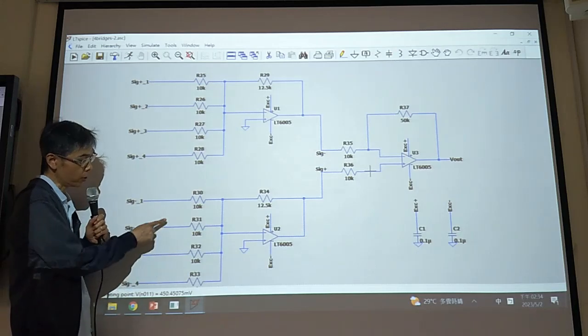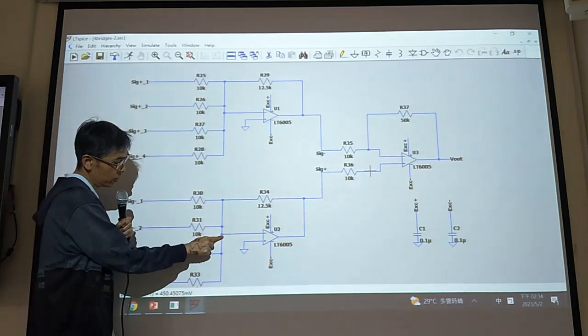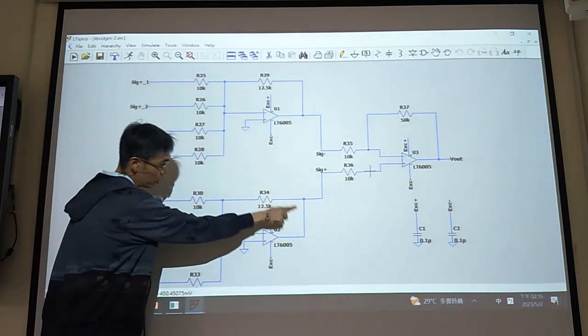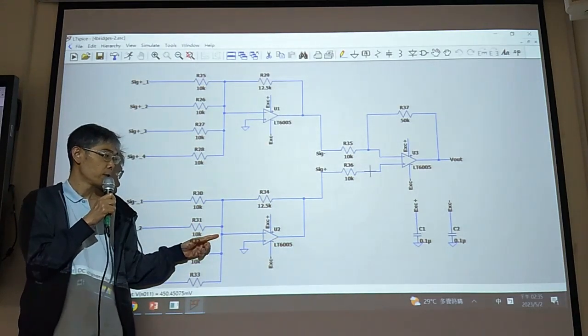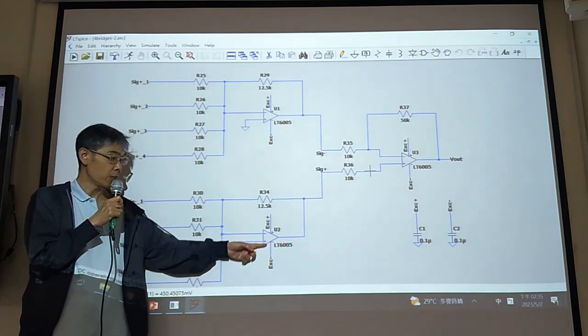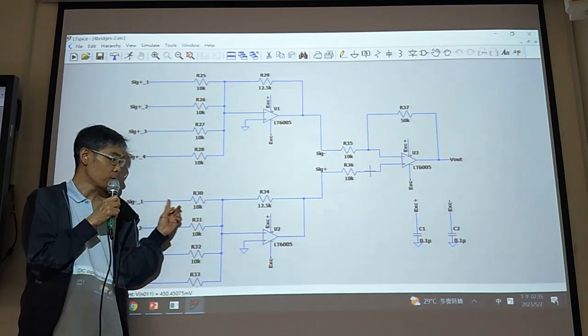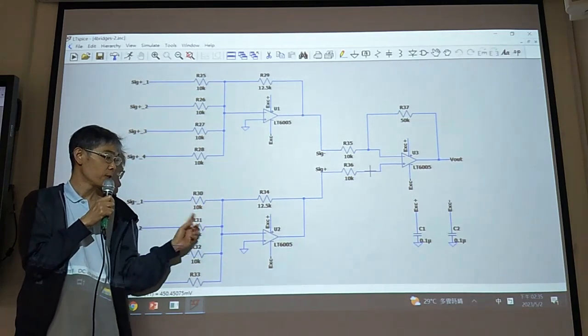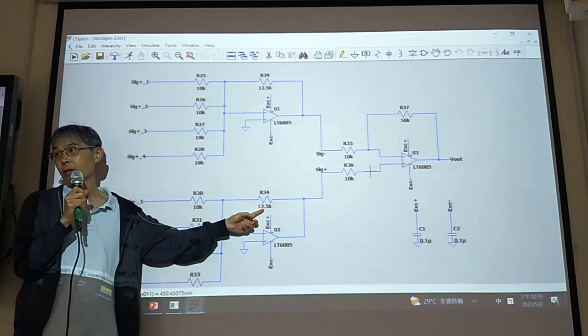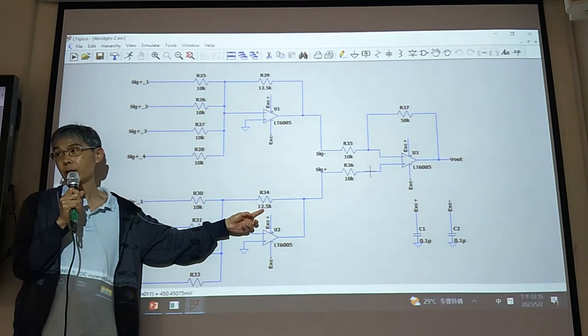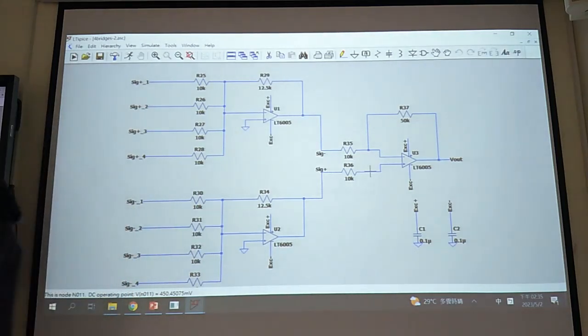But in reality, the signal goes this way, then goes this way to the output. So the signal doesn't see this one. Instead, the signal goes this way, so it sees 10K and 12.5K. So this is the problem. We can do the calculation.